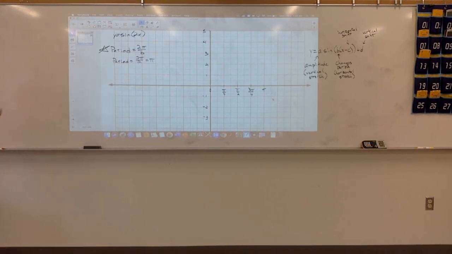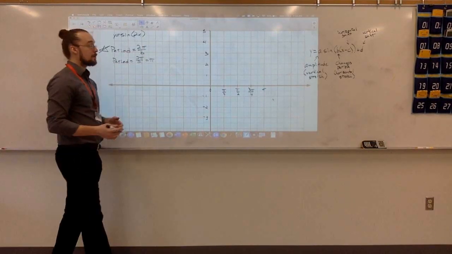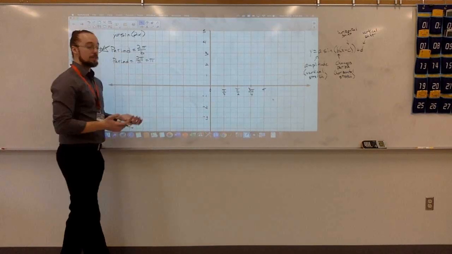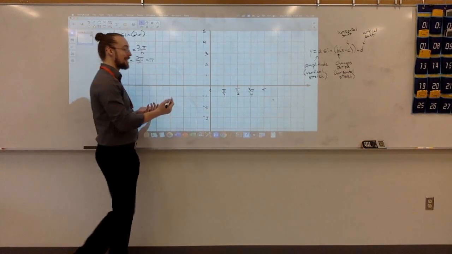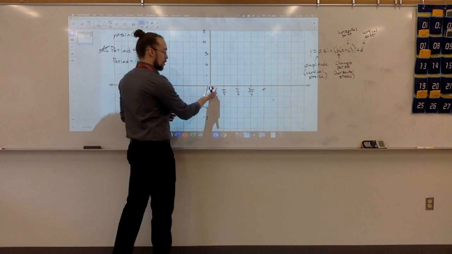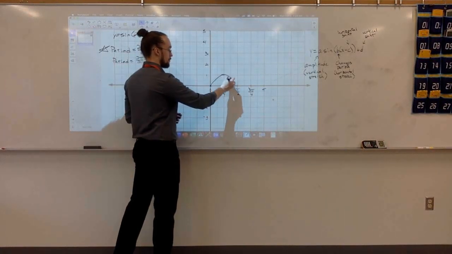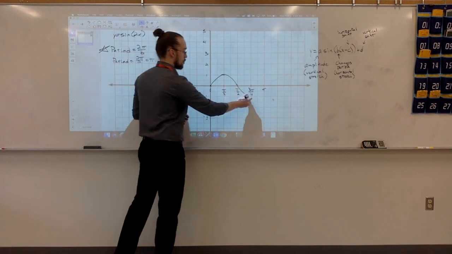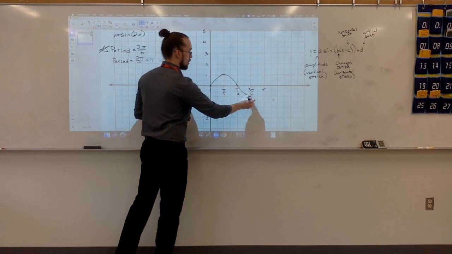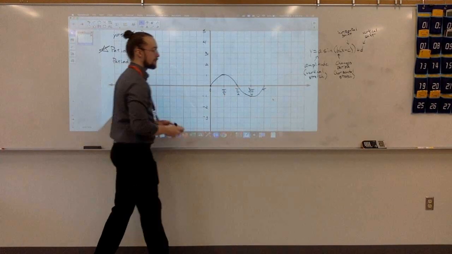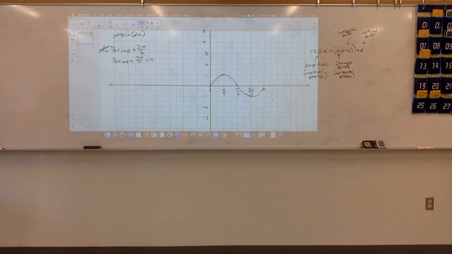Right, so nothing else about this function is changing from what sine normally looks like. Right? I don't have an A, a C, or a D value. So we can go ahead and sketch in our function. I know that sine starts on the midline, up to a maximum, back down to the midline, comes up like that.